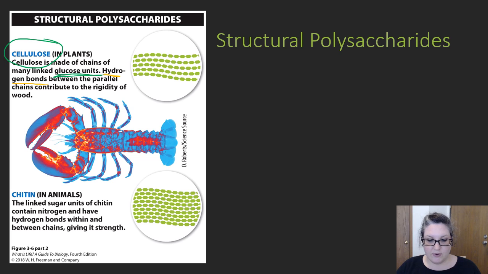If we were looking for hydrogen bonds, they would be between the chains, holding them together and making this rigid structure. So it's rigid, but it's also flexible. It's what wood is made out of, and cotton, and it's what we call fiber in foods. It's indigestible.